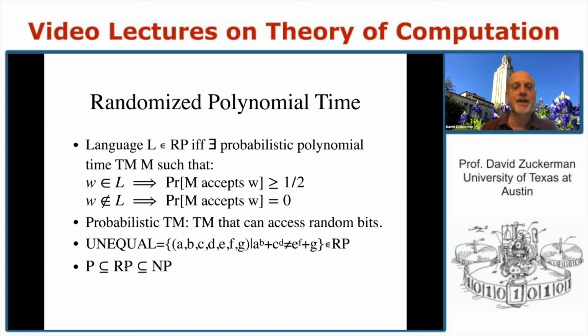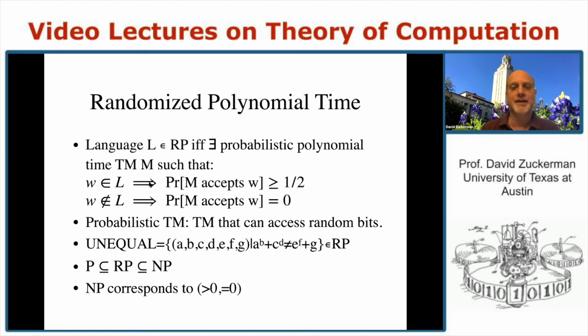So in fact, you could think of RP as NP where there are lots of witnesses or lots of certificates. Right, if you just pick a possible certificate at random, with probability 1/2 it will be a valid certificate. So that's what RP is. Another way of thinking about it is that NP corresponds to, instead of at least a 1/2 here, greater than 0 here.